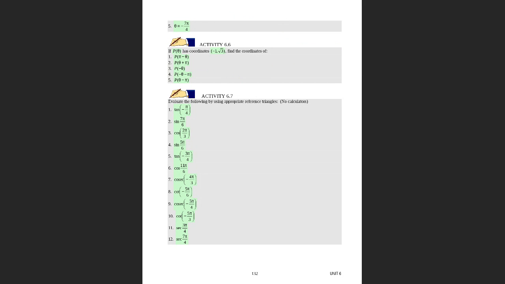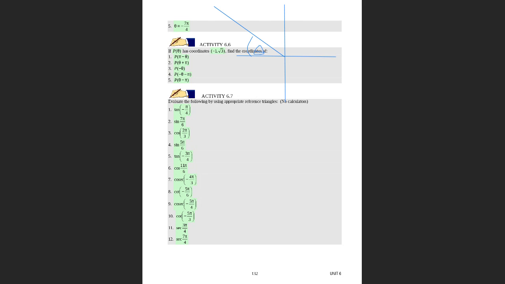So let us say when you draw a Cartesian plane like this, now P of theta will be here like this, where here will be theta.